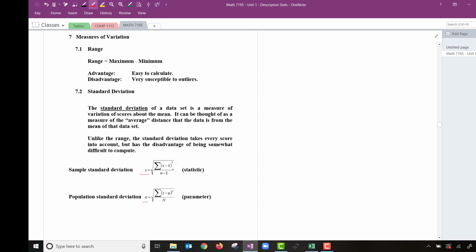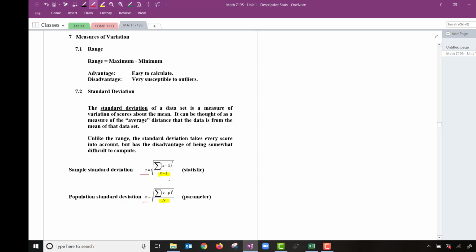You'll notice that for this example, the formulas aren't exactly the same. They're different not only in symbol, but their formulas are slightly different. The sample version is biased a little bit. We divide by 1 less than the sample size. This biases the number.